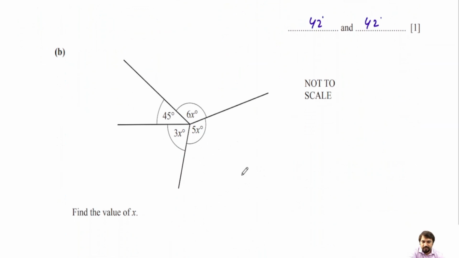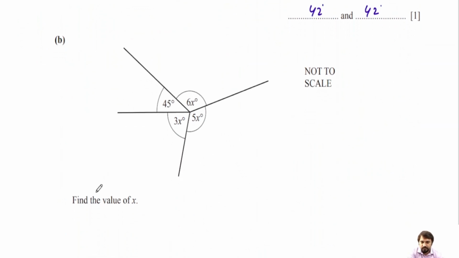In part B, we have to find the value of X. We know that angles at a point add up to 360 degree. Apply this rule here: 45 degree plus 6x plus 5x degree plus 3x degree is equal to 360 degree. Now add these angles and move this 45 degree to the other side. 6 plus 5 makes 11, 11 plus 3 is 14x.